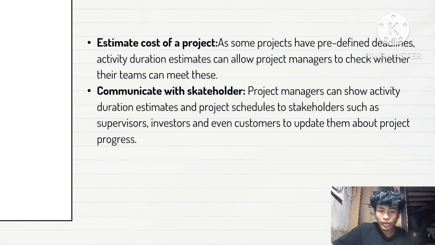Communicate with stakeholders. Project managers can show activity duration statements and the project schedule to stakeholders such as supervisors, investors, and even customers to update them about project progress.